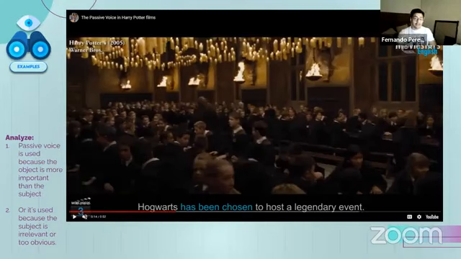By whom? By an authority, but that authority is implicit. The authority chose Hogwarts. This is active voice. But in passive, the subject becomes irrelevant and the protagonist of the story becomes Hogwarts.